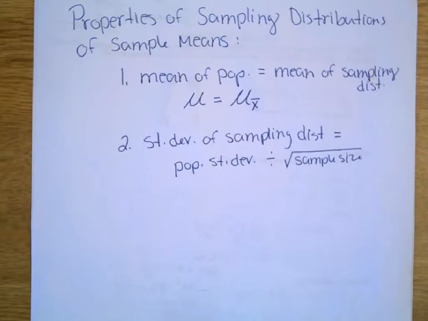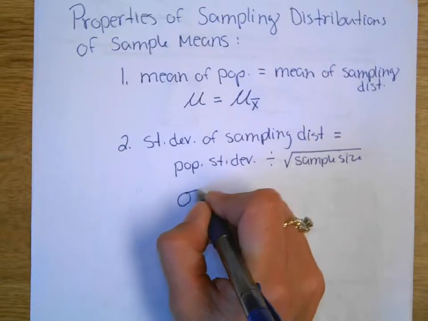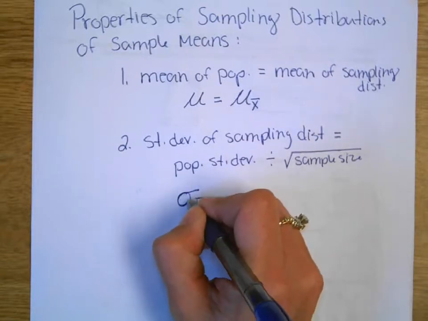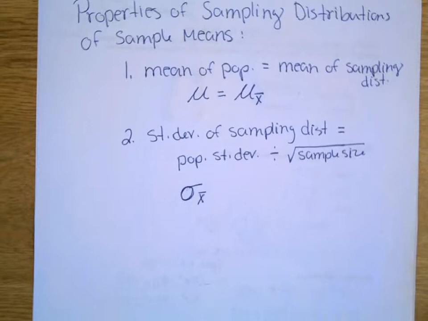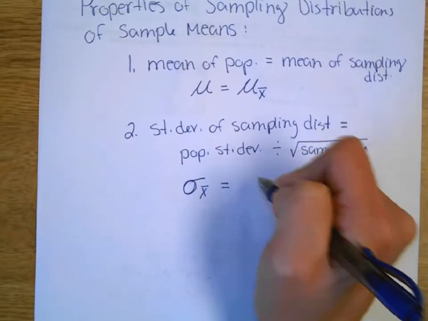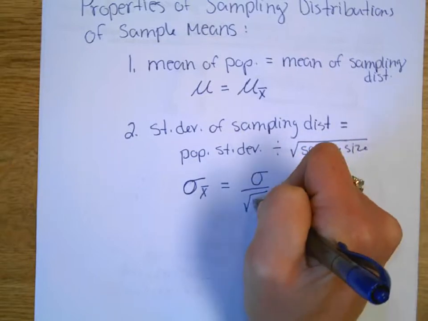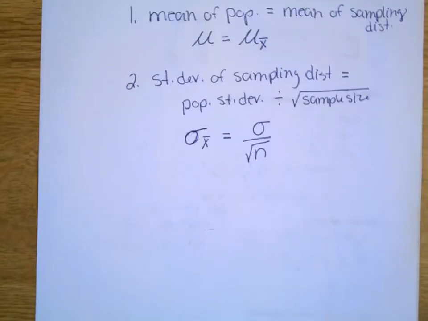So in symbols, the standard deviation of the sampling distribution is saying the standard deviation of the sample means is equal to the population standard deviation divided by the square root of the sample size, where n is the size of the sample you're taking.